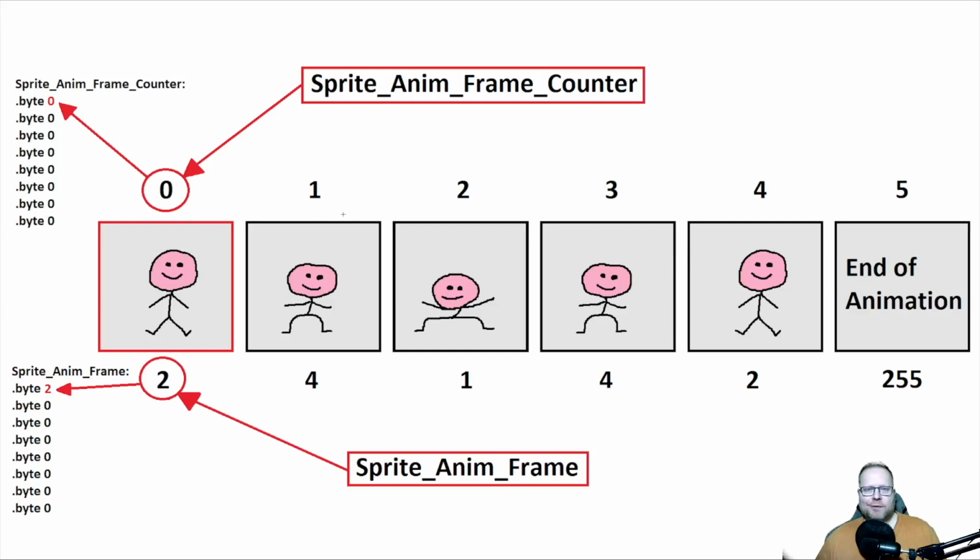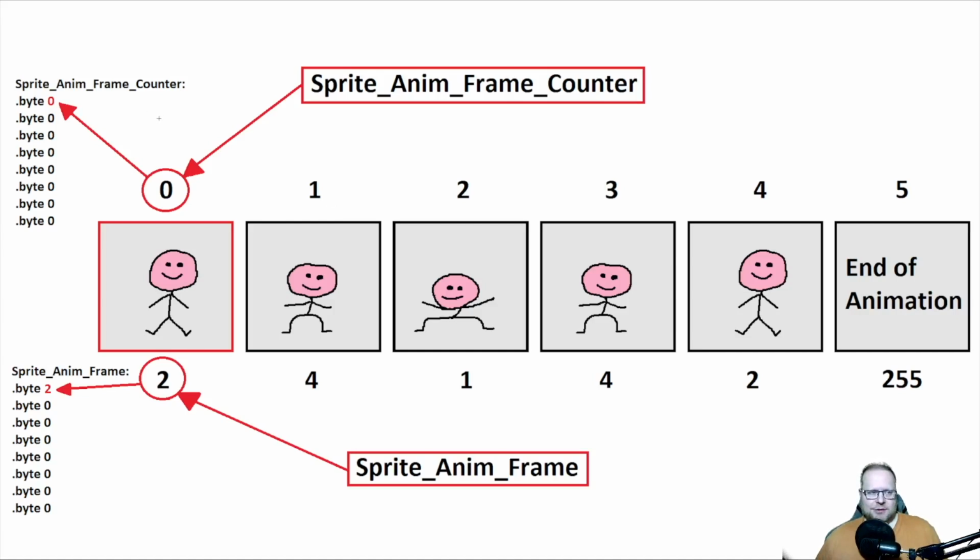But how are we going to handle this in the code? Well, I made 2 extra tables. This might be a little bit overkill, might be some optimization we could have done here, but this is how I did it in this case.